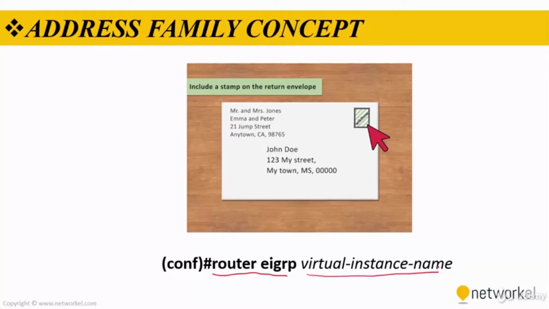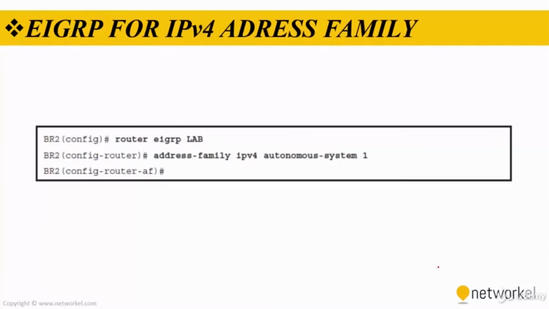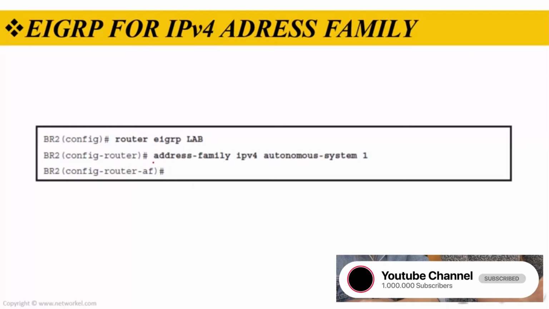Named EIGRP configuration arranges specific path types under the same address family, and the most commonly used address families are IP version 4 and IP version 6 unicast. The address family where the named EIGRP definitions for IP version 4 are made is the address family IPv4.